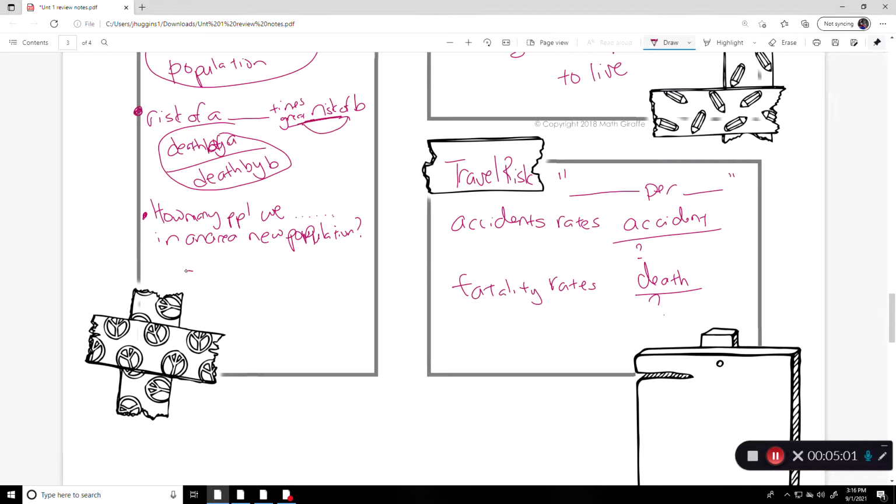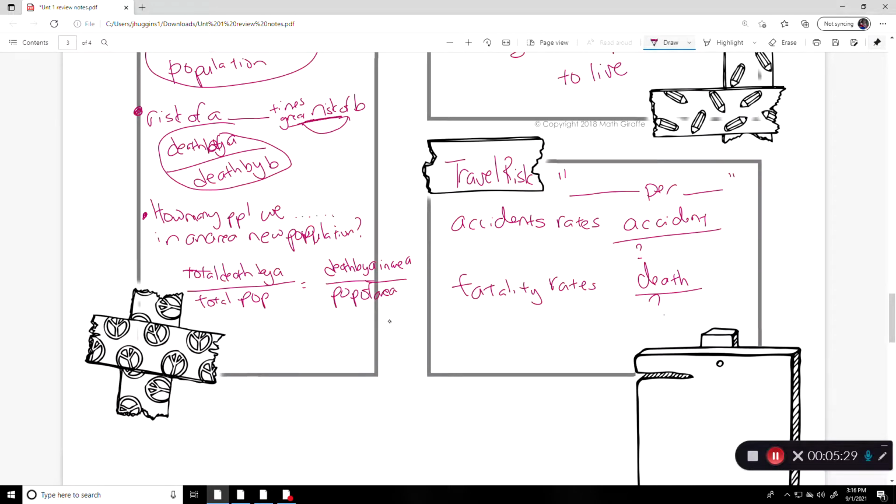Maybe easier for you to see what we're doing here is working with proportions. On one side, what we've already calculated is the total deaths by whatever this is, divided by the total population, like in the United States. And we want to know how many deaths in an area, and we're going to divide that by the population of that area. We would expect it to be the same, right?